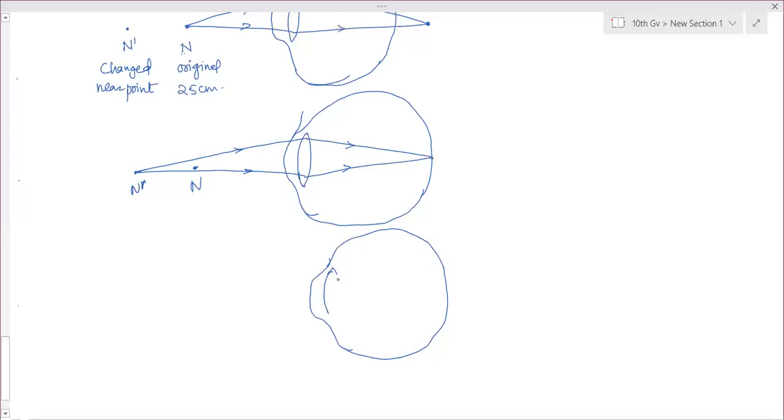So you have to draw some thickness, more thick. At the same position, draw N. This is N dash. And here, a convex lens.